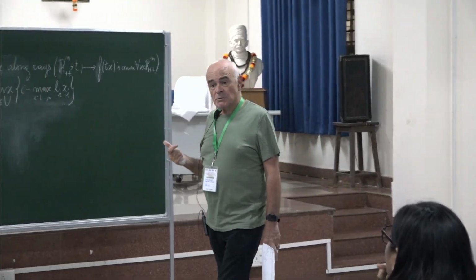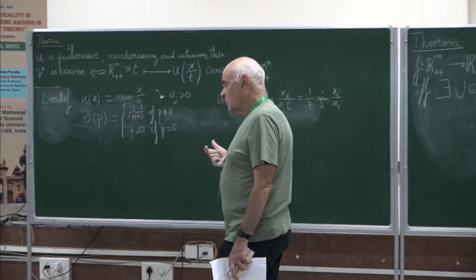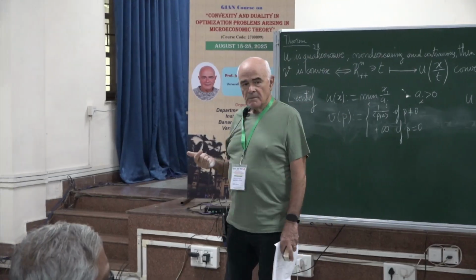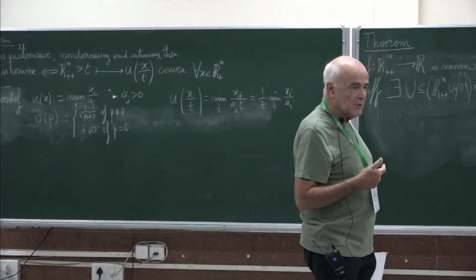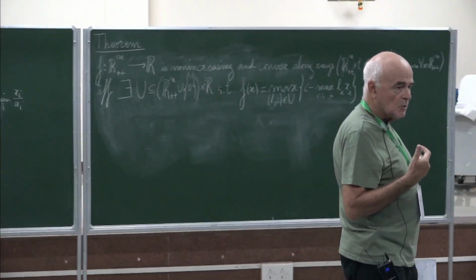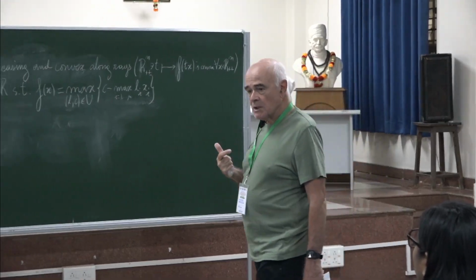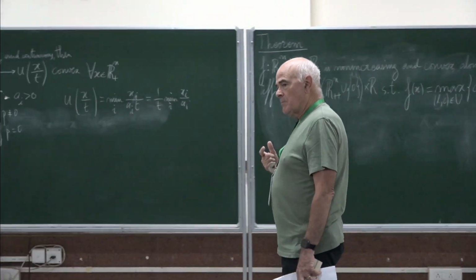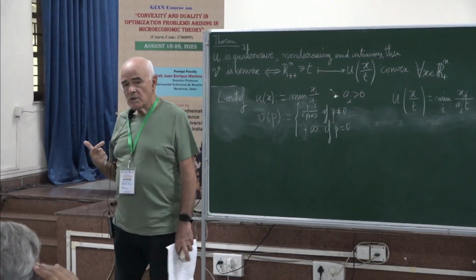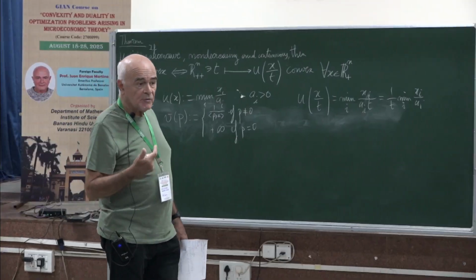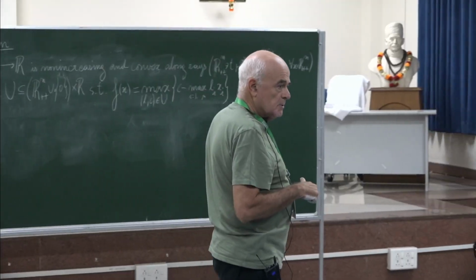Like affine functions in the classical convexity case, they are both convex and concave. So we find again a result of this type, which we already saw in the quasi-convex setting. Lower semi-continuous quasi-convex functions are pointwise suprema of lower semi-continuous quasi-affine functions. And quasi-affine functions are functions that are both quasi-convex and quasi-concave.